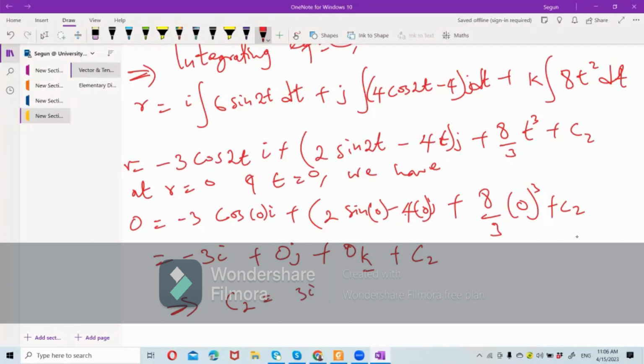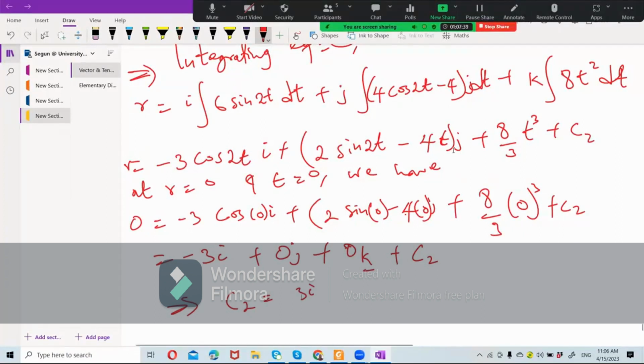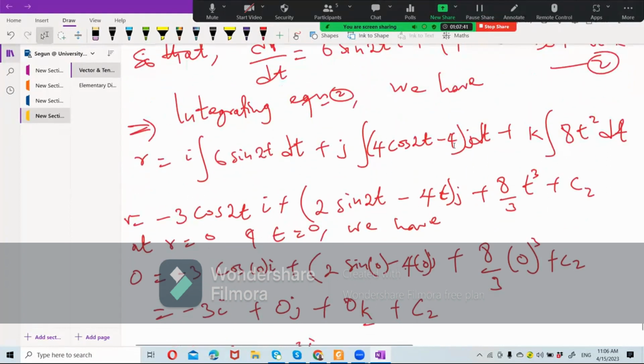So we can go back to our equation 2 and substitute our value there. We go back to equation 2, what do you have?